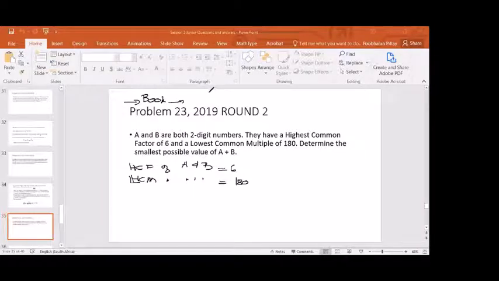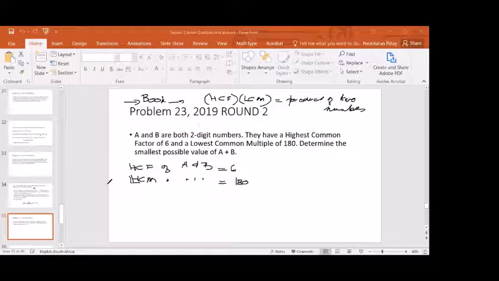There's a nice little result there which says that the HCF of 2 numbers, multiplied by the LCM of the same 2 numbers, interestingly, is equal to the product of the 2 numbers. That's a very interesting fact: HCF times LCM is equal to the product of the original 2 numbers.